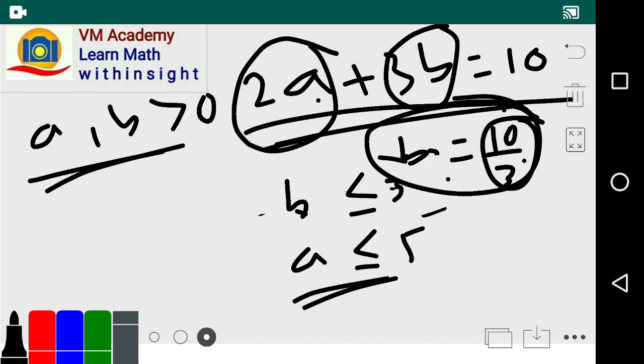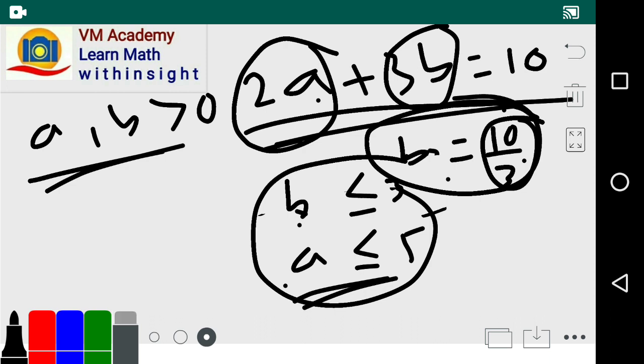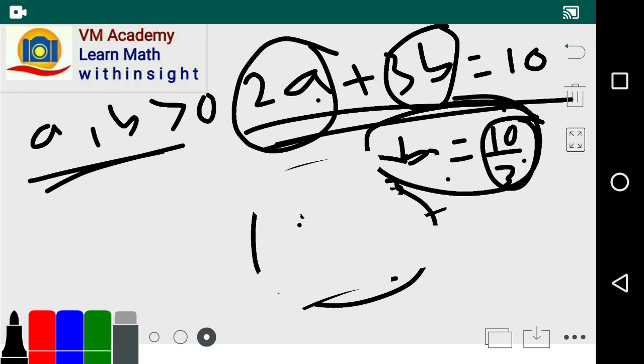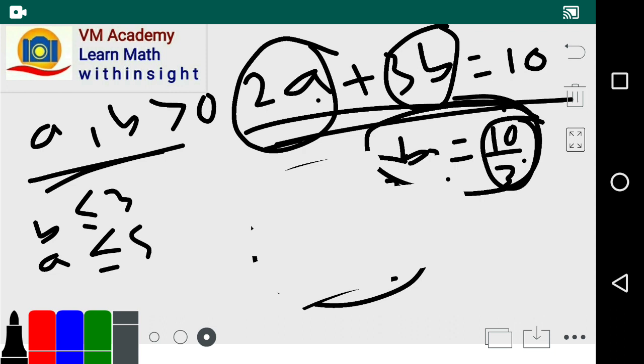Thus substitute values of a equal to 0, 1, 2, 3, 4, 5 and calculate the corresponding value of b and check for which an integer solution exists. So b less than or equal to 3, a less than or equal to 5.